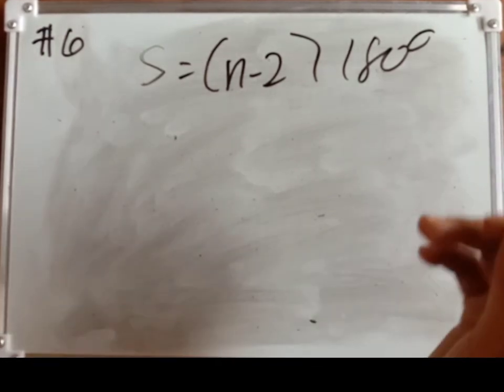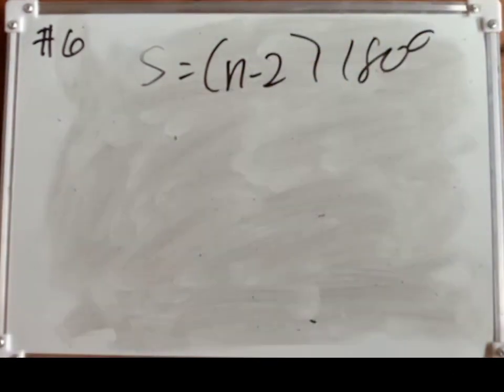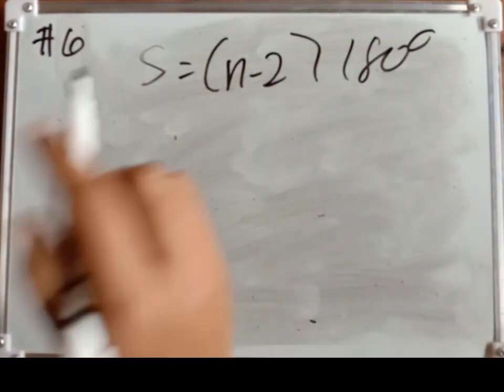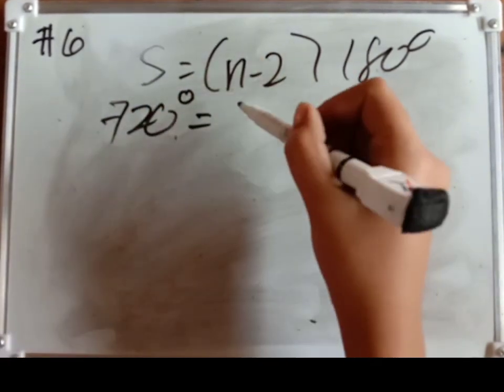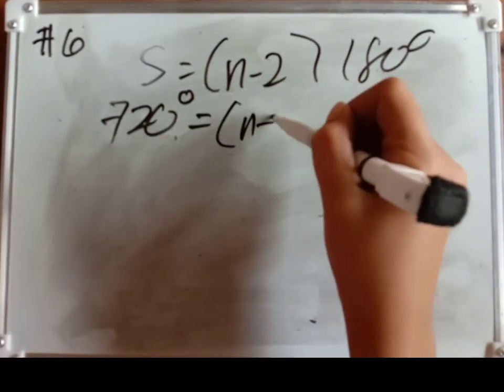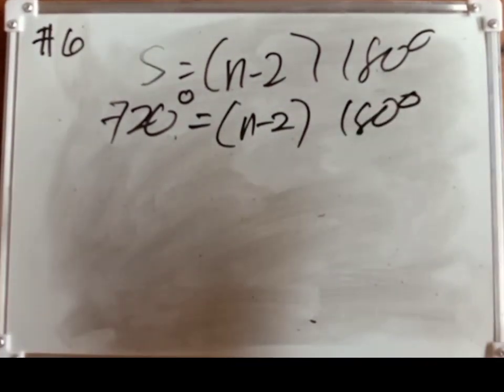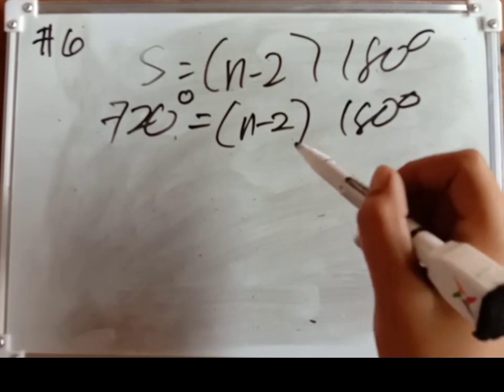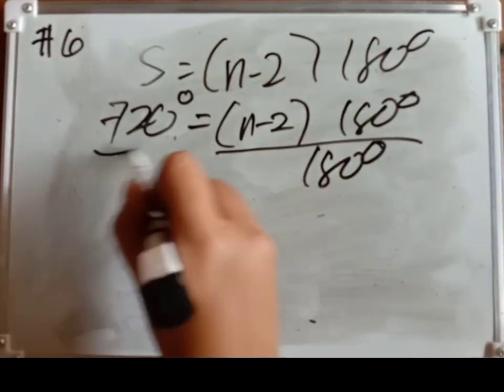So let's put 720 degrees in the place of S. 720 degrees equals n minus 2, since n is unknown. So this time, let's divide both sides by 180 degrees.